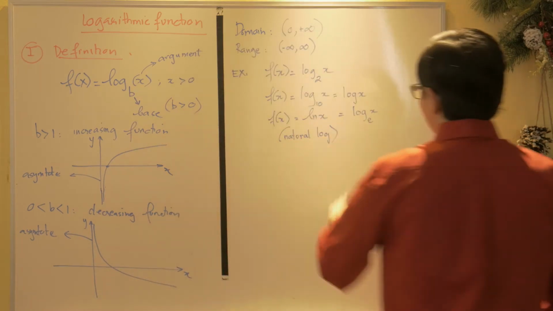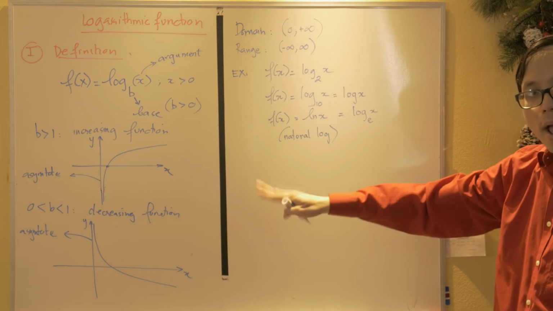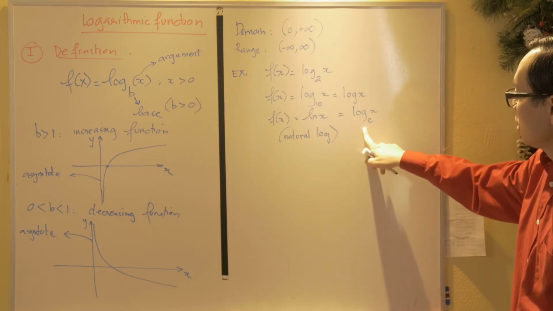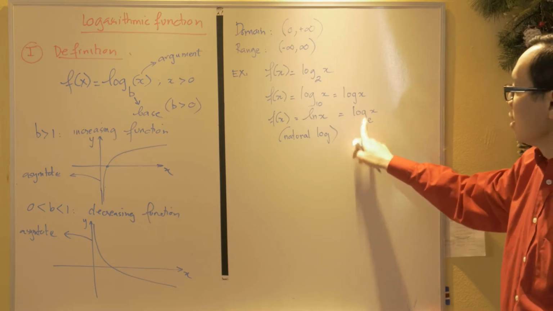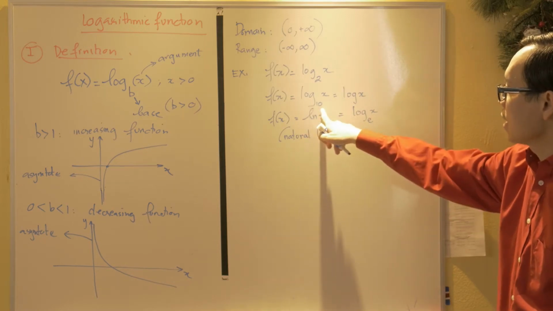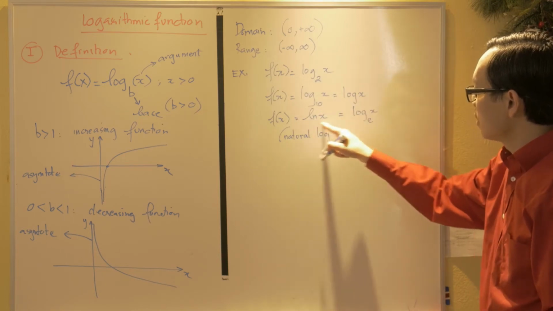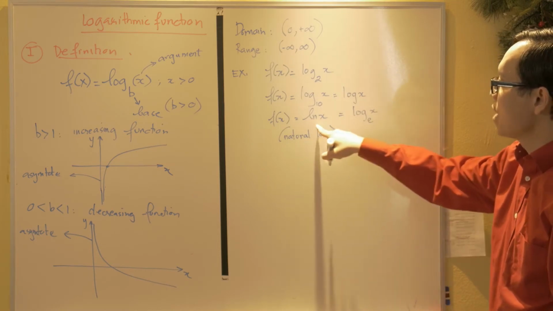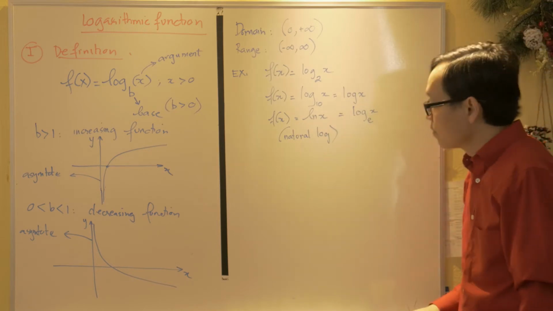So if they write ln(x), then you know right away this is log base e of x. But nobody writes log base e like this, and nobody writes log base 10 like this either. For base 10 they write it like this, for base e they write it like this, and we call it the natural log.